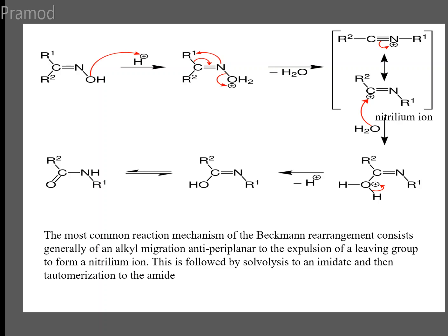One of the alkyl or aryl groups present in your oxime, as the water goes off, gets shifted to your nitrogen, and you get a nitrilium ion. This nitrilium ion gets attacked by water, there is a loss of proton, and the last step is keto-enol tautomerism.